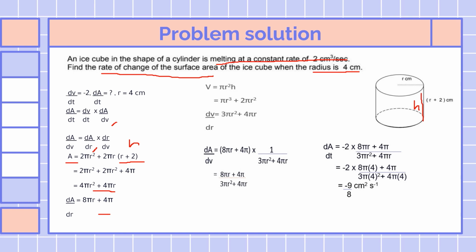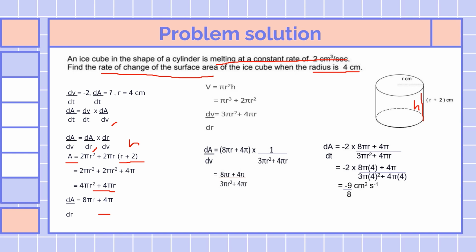So, to find dr over dV, we can reverse it. So, dr over dV is equal to 1 per 3 pi r power of 2 plus 4 pi r.